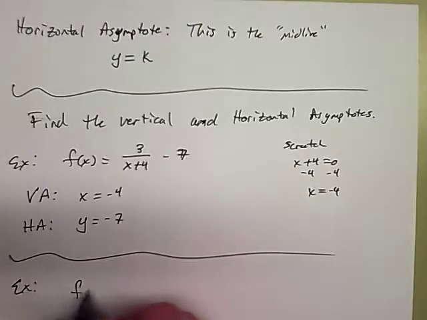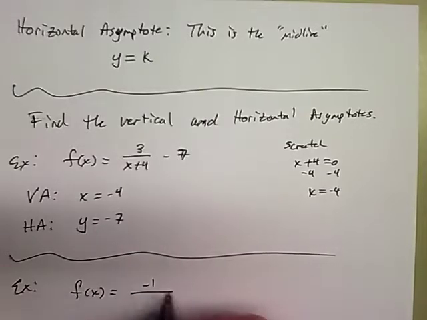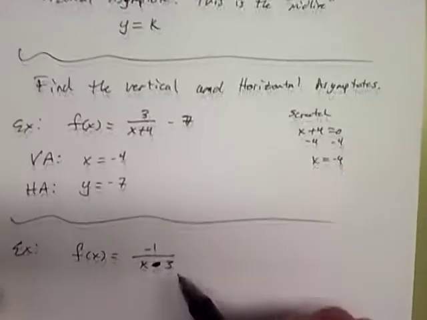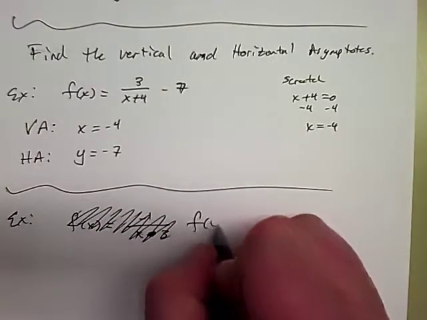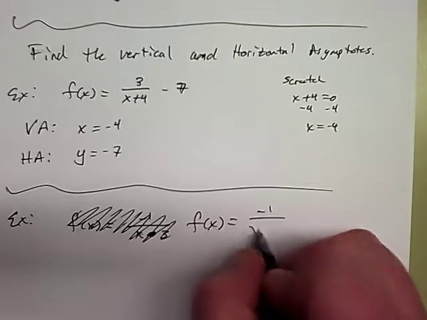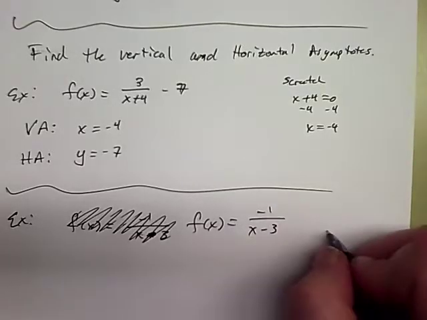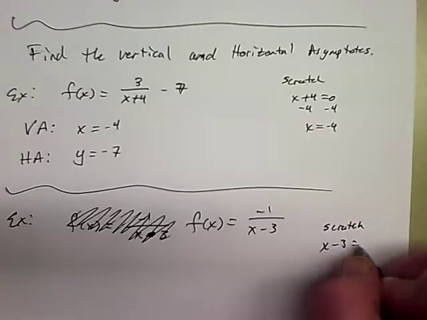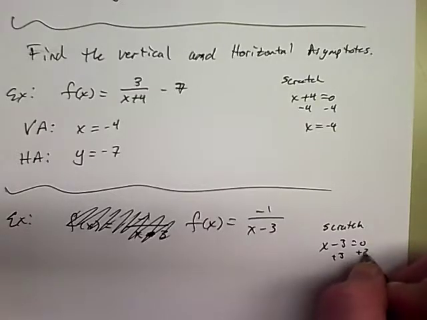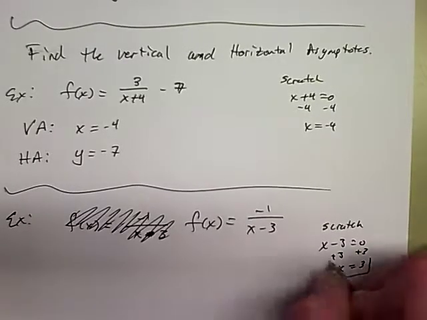Let's do another example. What happens if we have f of x equals negative 1 over x minus 3? That's a minus sign. I'll rewrite that. F of x equals negative 1 over x minus 3. All right, so on my scratch work off to the side, I say x minus 3 equals 0. Add 3. X equals 3.